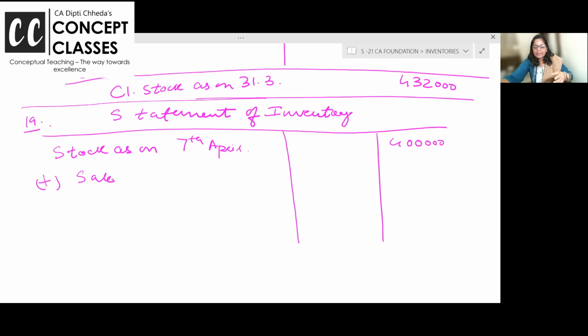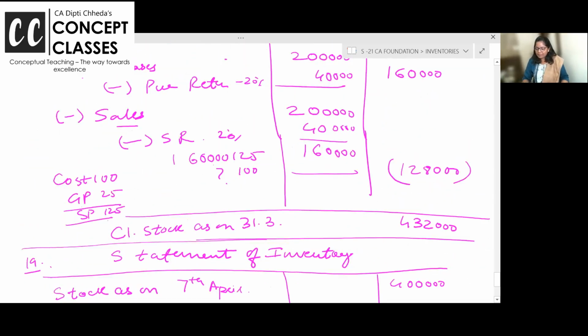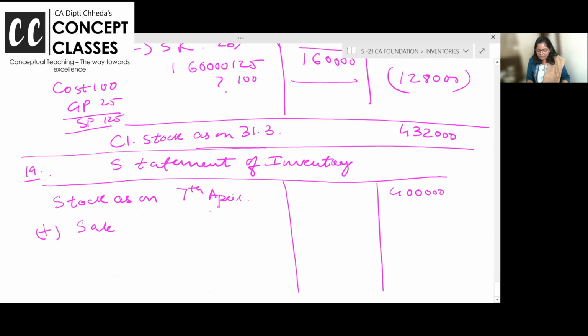The value is obviously the same, but just the same problem. If it is on 7th of April, the stock is 4 lakh, and from 1st to 7th some goods are sold. So they are not there on 7th, but they were there on 31st, no? So add it. So what was the sale of the goods?